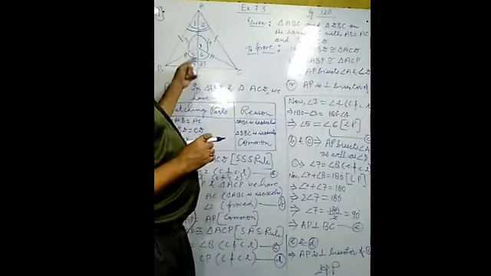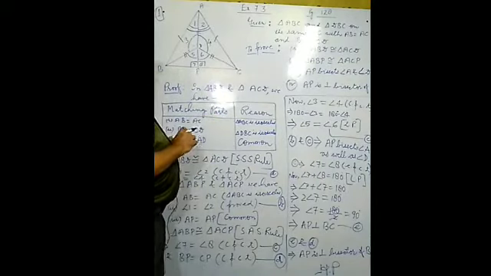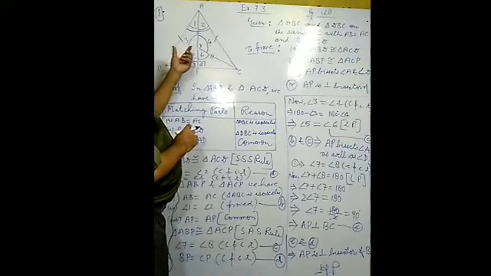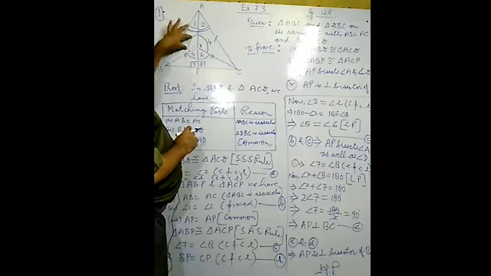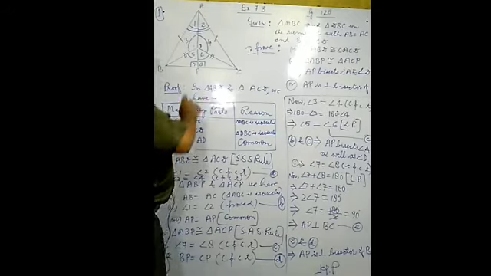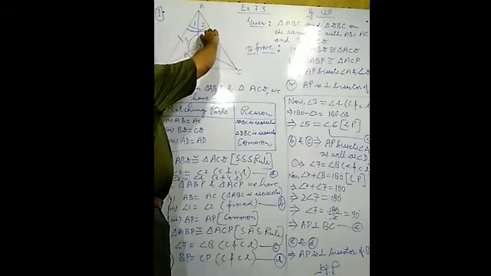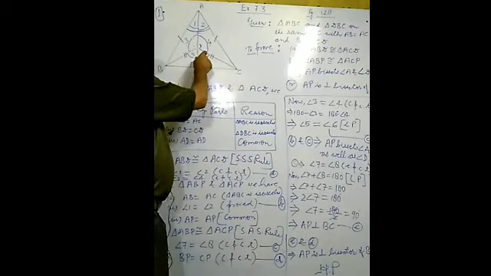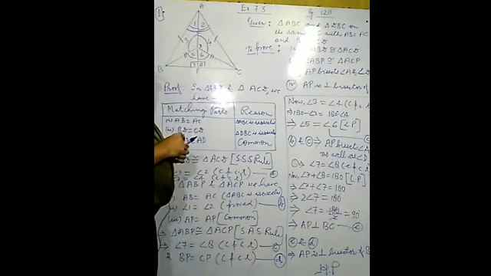Now go to the figure. 180 degrees minus angle 3 becomes angle 5 by the linear pair property. Again, 180 degrees minus angle 4 equals angle 6 by the property of linear pair.